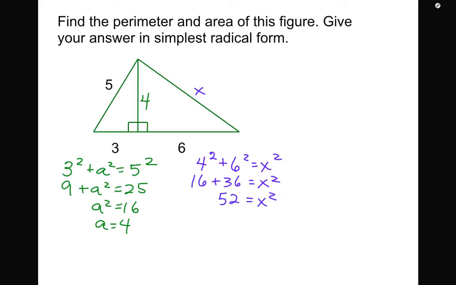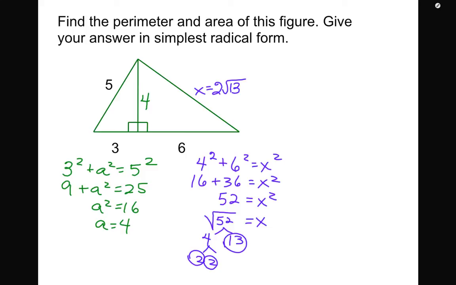And then square root. Factoring, I think we can take a 4 out. 2, 2. So it looks like I have a pair of 2's and a 13. So this side is 2 times the square root of 13.